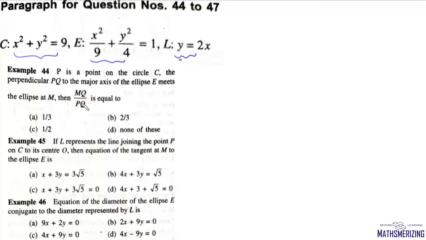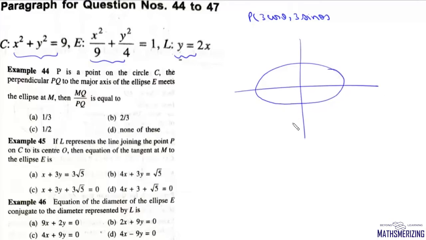So from any point on this circle, say 3 cos theta and 3 sin theta. Now this circle is actually the auxiliary circle for this ellipse. So we'll have this ellipse and then we have this circle.